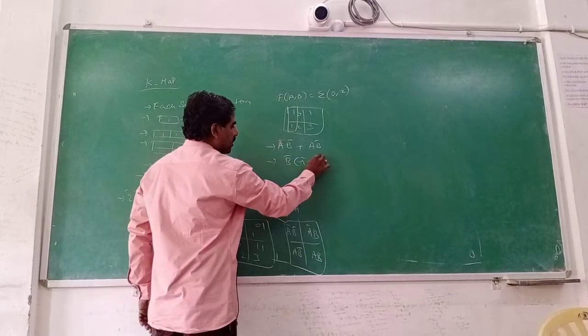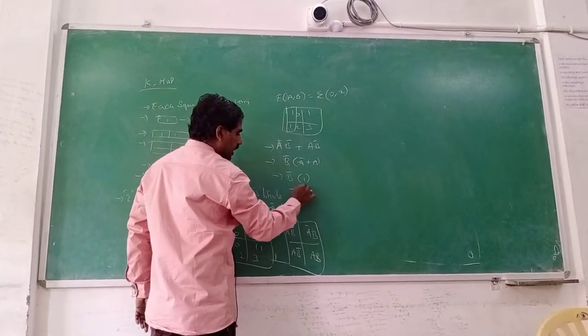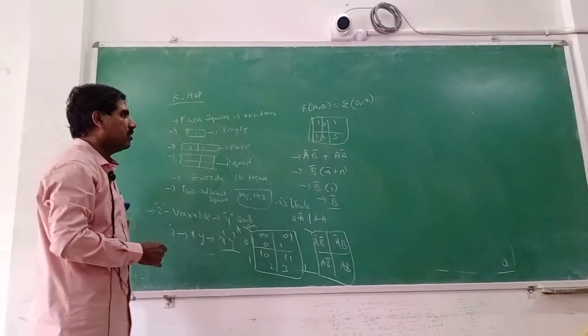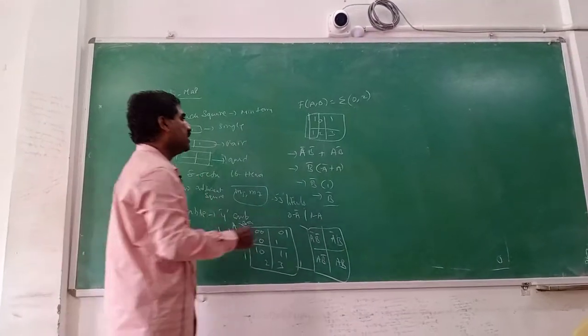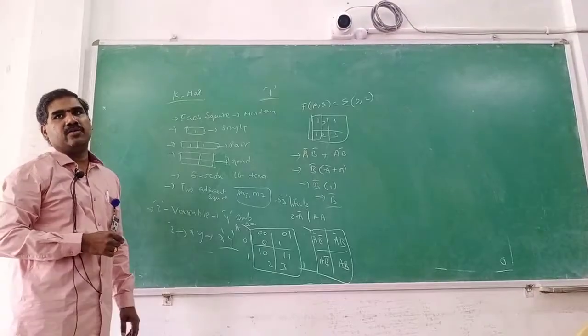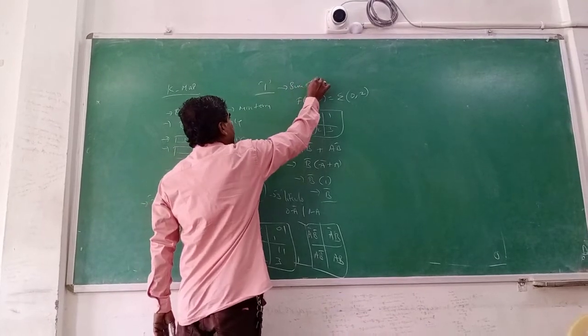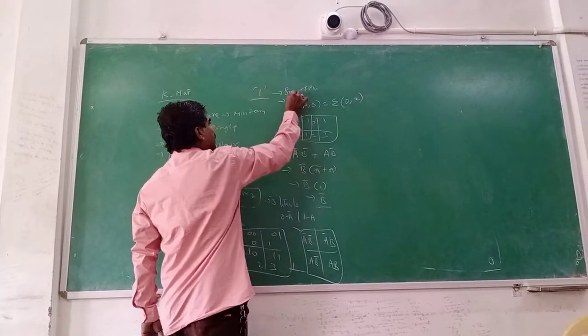We can simply write B bar. Okay, this is the 2 variable map method. In this we are using only the 1s. Sigma means sum of products and is represented as sigma, whereas 0s mean product of sums, represented as pi.